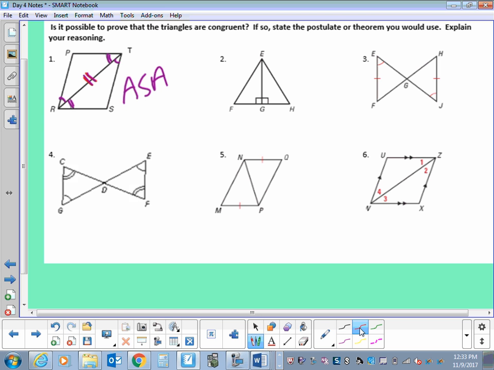All right, number 2. Do I have a shared side? Yes. What is it called? EG. Okay, so if these are 90 degrees, I know that these are both congruent as well. AAS. So we have, oh wait, no, this is everything. We got no clue.